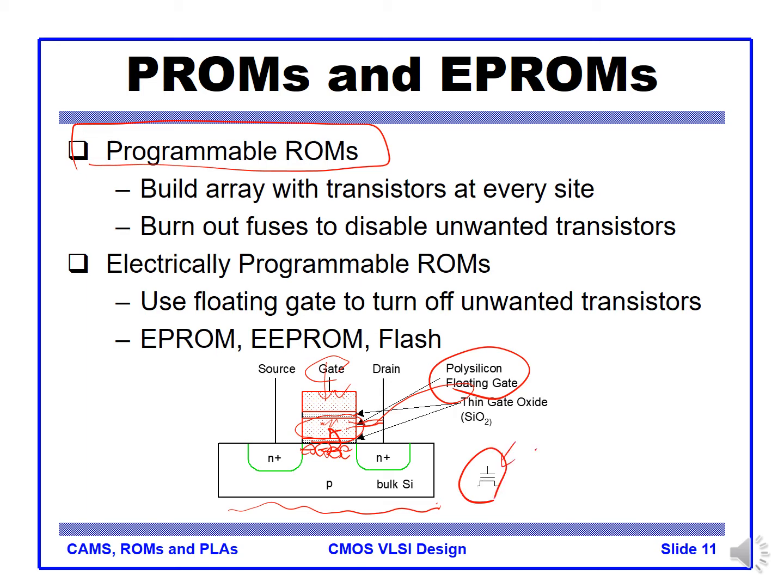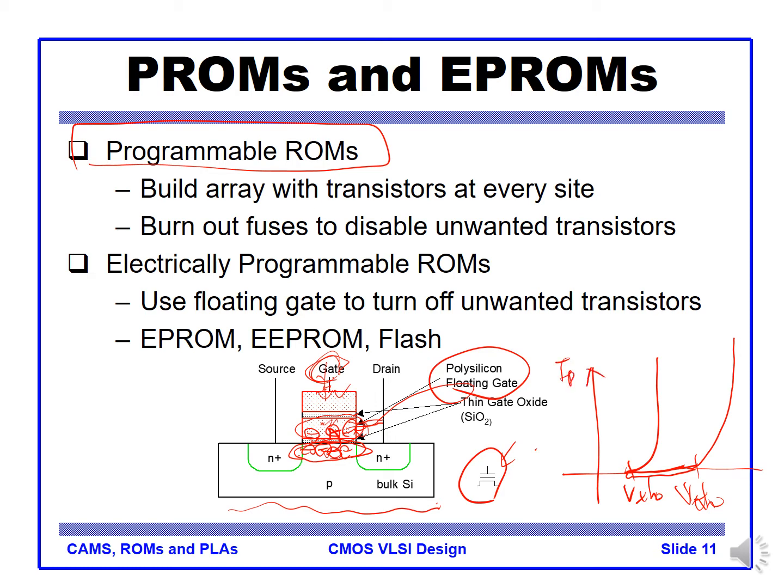So if the nominal threshold is there, and we program by applying a large voltage, then the threshold will shift to a higher voltage because there are more electrons trapped on the floating gate. That actually requires more voltage to make the channel inversion. This is called the electrically programmed ROM structure.